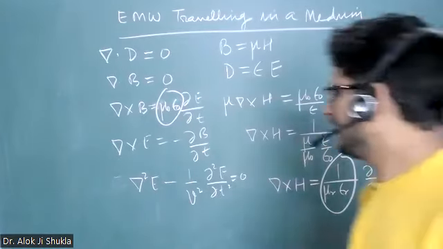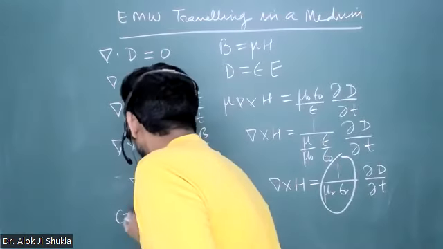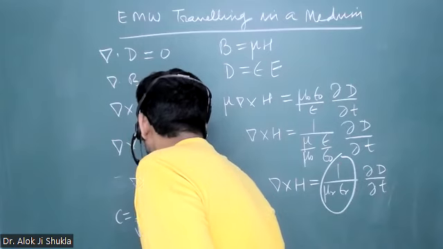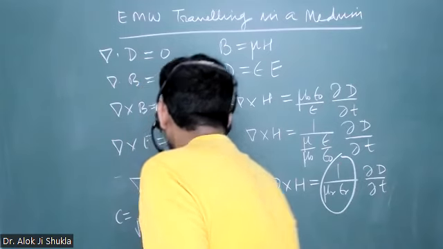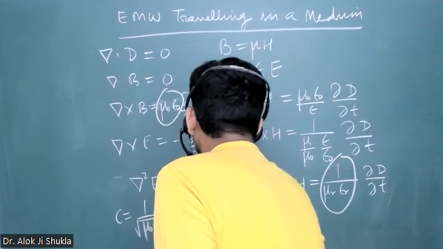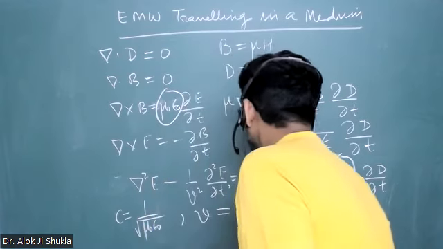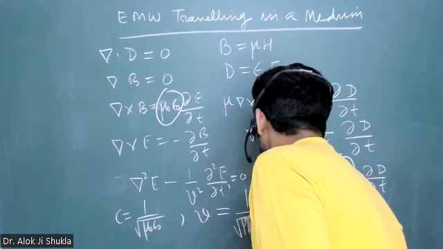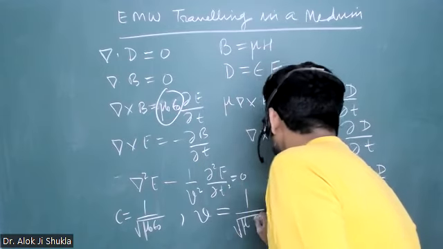So what was C in previous case? 1 by root mu naught epsilon naught. This time this wave will be traveling with velocity V, that is equal to 1 by under root mu r mu and epsilon.